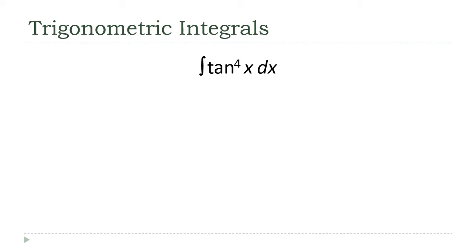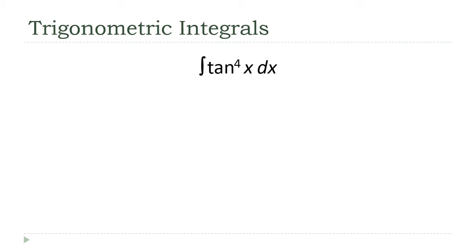We're going to rely heavily on trigonometric identities, specifically the Pythagorean identities relating tangent and secant and cotangent and cosecant, and we're going to rely on trig substitutions.